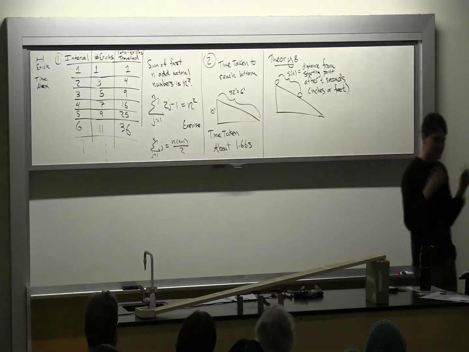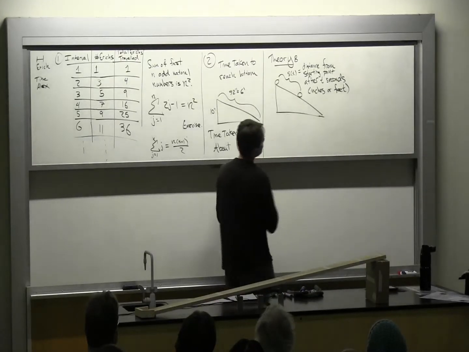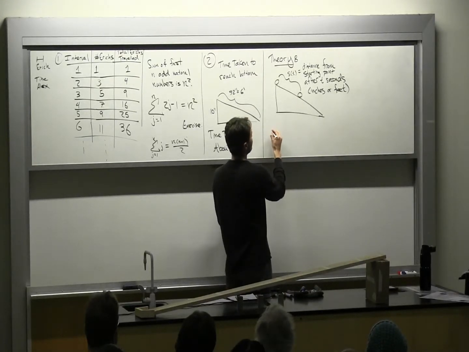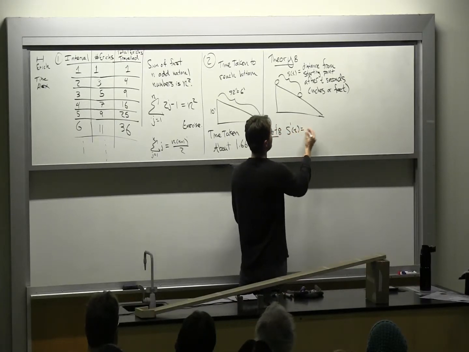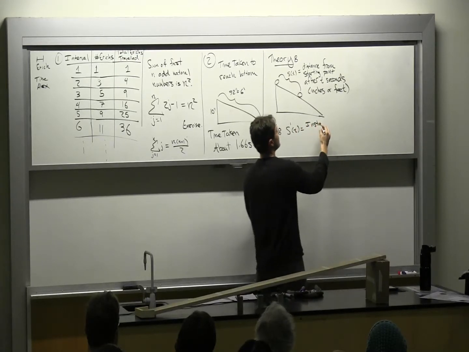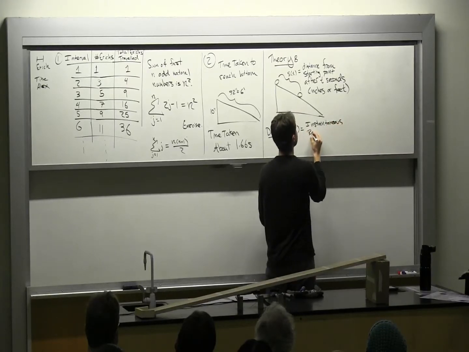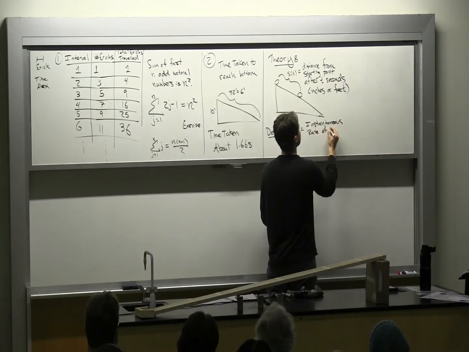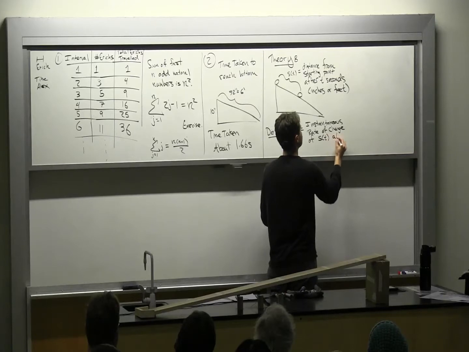And the study of rates of change is infinitely interesting and complicated. But here's a definition: s prime of t equals the instantaneous rate of change of s of t at time t.